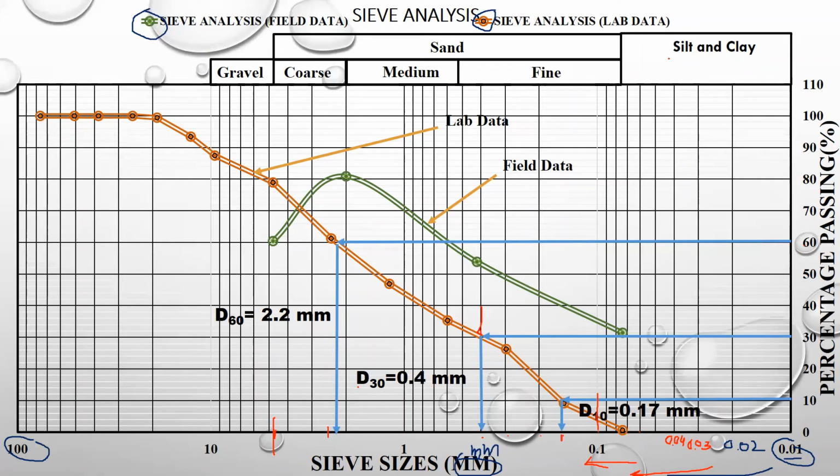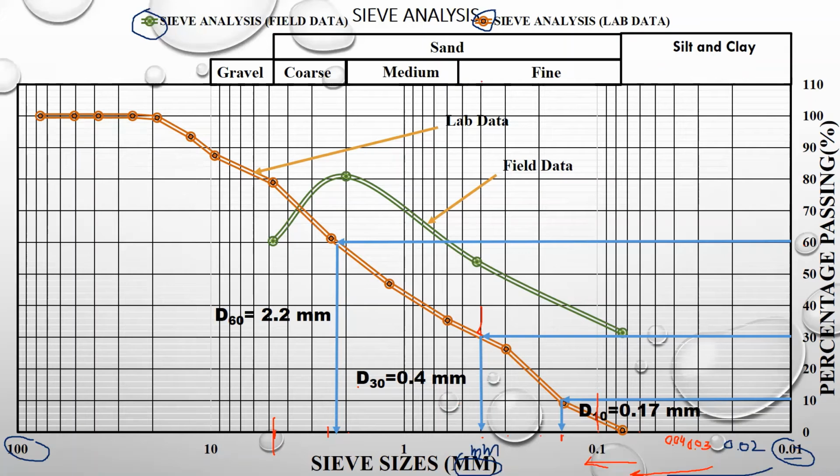Sand has 3 categories: coarse sand, medium sand, fine sand. So coarse sand is from here till 2 millimeter size. Then from 2 millimeter to 0.48, up till 0.48, I get the medium size sand.